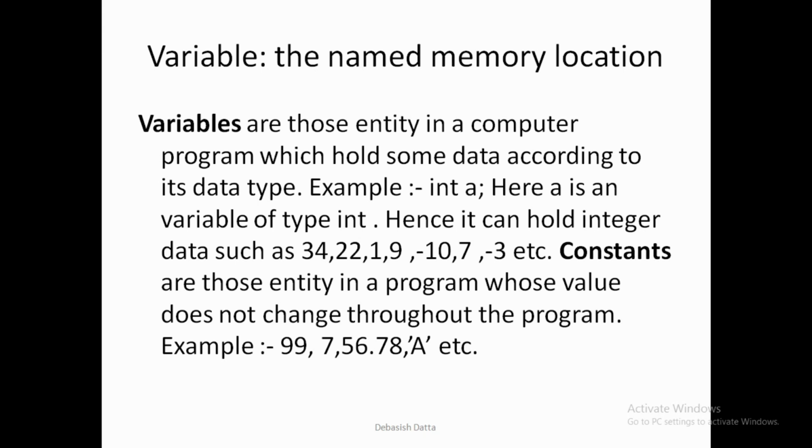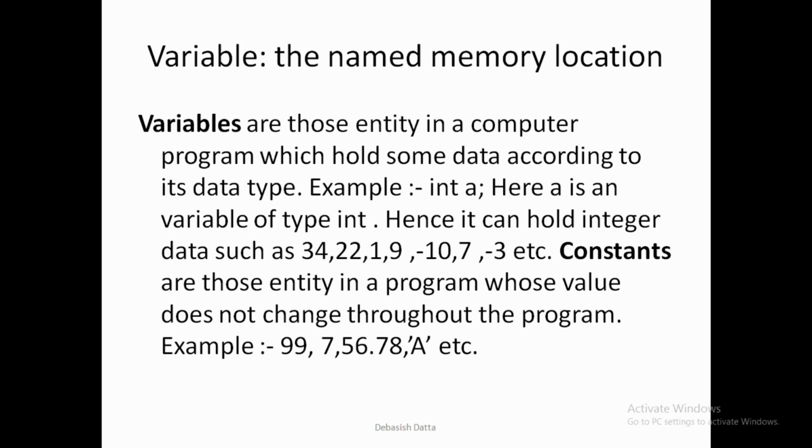Now, as I say something about variables, constants are just the other side of these variables. Constants are those entities in a computer program which do not change their value throughout the execution of the program. Constants are also known as literals.